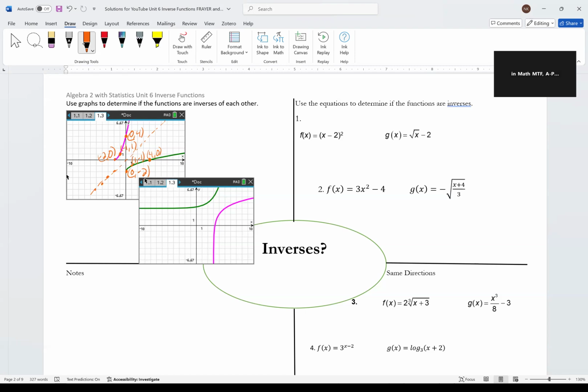Now let's check to see if this holds true with the second graph. Visually, this looks like it's passing the reflection test. Here's the point 2, comma 1, 2, 3, 4. And so 4, 2 is a point on this graph. Cool.